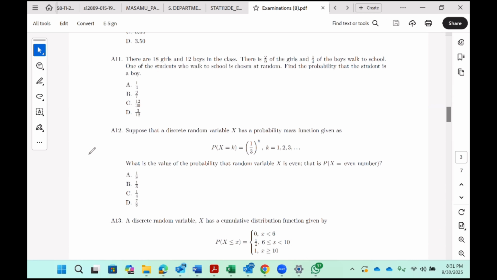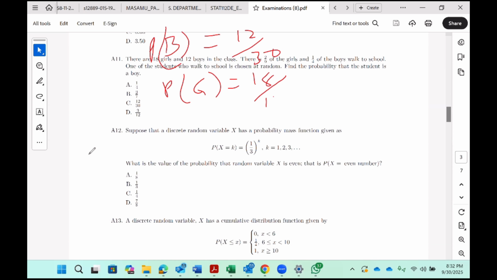So what I'm saying is that this is the probability that he's a boy. It's just 12 over 30. The probability that he's a girl is 18 over 30.